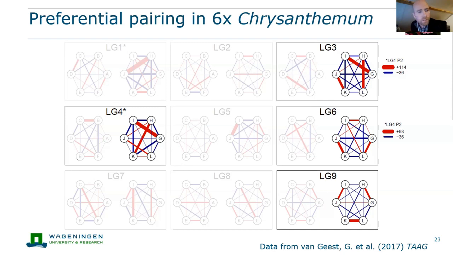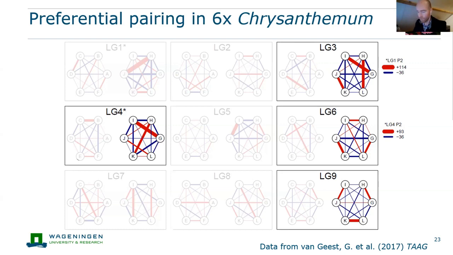I'm not a chrysanthemum guy as such, but I know there is still controversy in the literature about whether it's an auto or an allopolyploid. We were strongly suggesting it was an autopolyploid because that's what the marker segregation looked like. But on closer look, there is also some residual effect of allopolyploidy in the ancestry, and some sort of subgenome type pairing behavior going on.